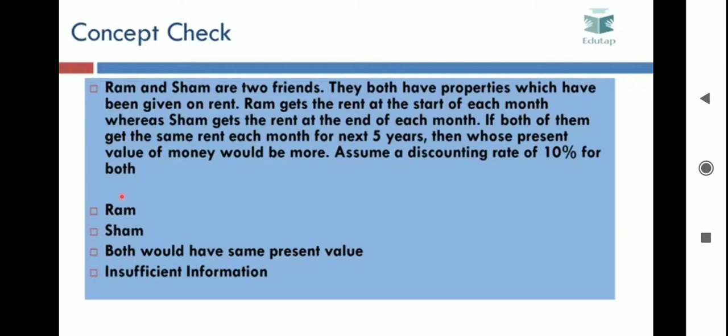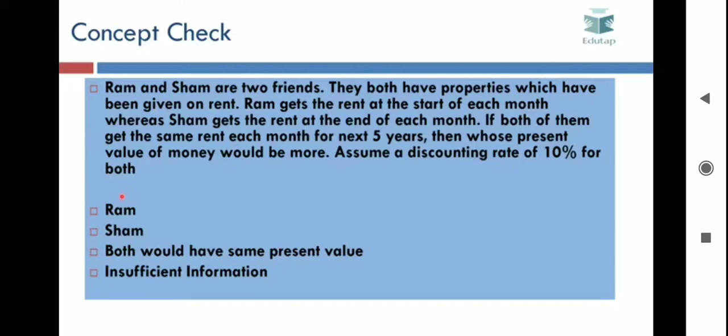In another way, you can say, see, if you get a certain value after 5 years, its present value would be less than if you get a certain value after 3 years. So the longer the period for which you are calculating the present value, the lesser the present value would be. In annuity due, you are getting it at the start of each month, right? Whereas in annuity you are getting it at the end of each month.